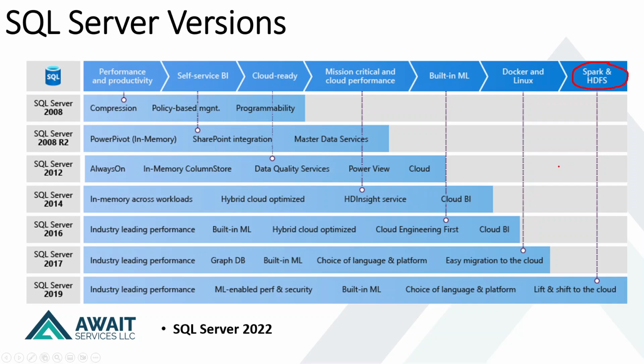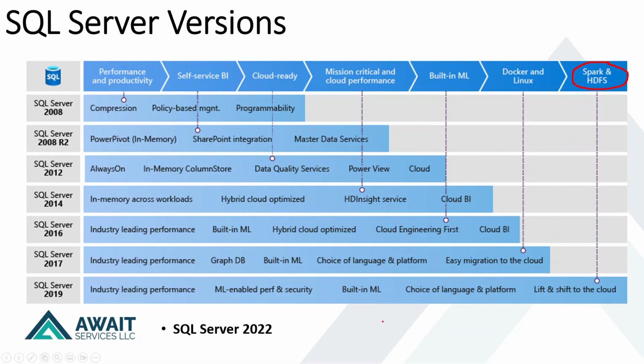So Spark is used for big data analytics, and then HDFS is the distributed file system that enables us to save files across multiple machines, across multiple drives. And I think this is the same concept we use when we are doing striped backup, where you can back up a database across multiple files and even across multiple drives.